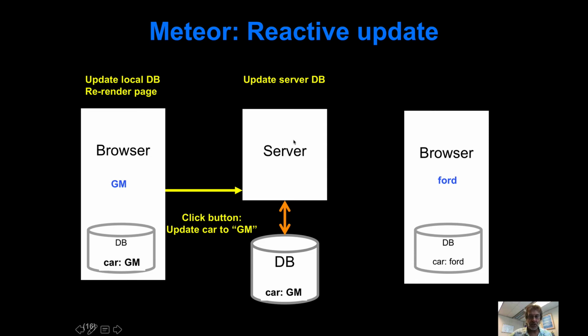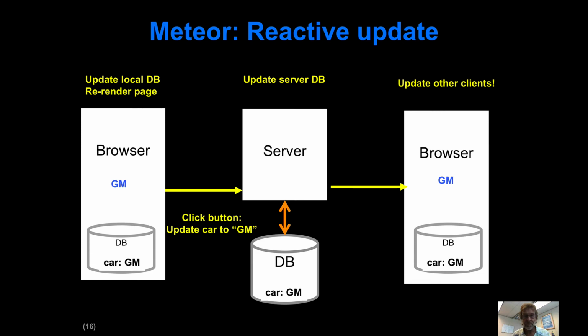Then we update the server, so now the server has the value of General Motors, and then the cool thing that Meteor does is it will go ahead and tell all the other clients, updating all of the other local databases. In my last lecture, I glossed over the fact that somehow magically updating this database was going to result in the user's browser displaying this new value.